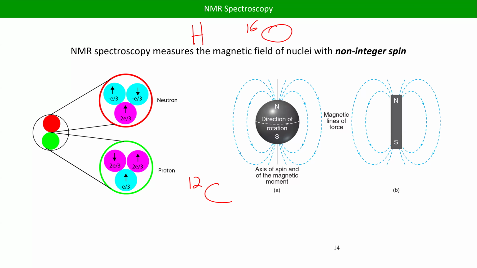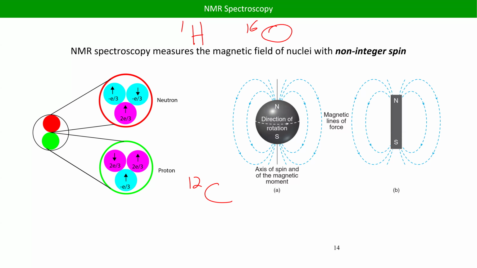Think about your molecular weights. Oxygen's molecular weight's really close to 16, right? Hydrogen's most common isotope is 1. That's an odd number. So the first type of NMR that they discovered was proton NMR, hydrogen NMR.